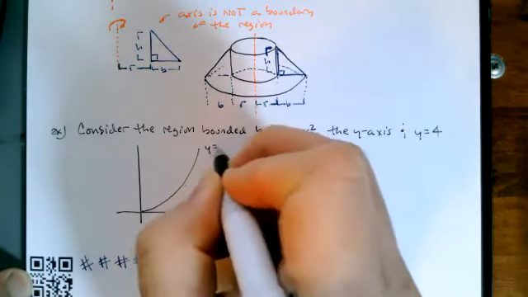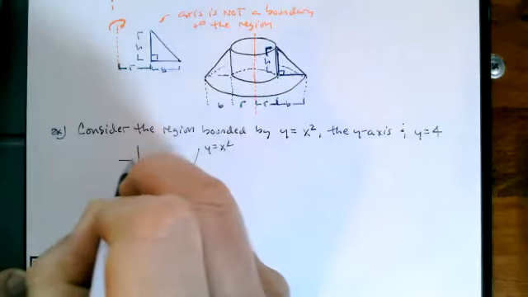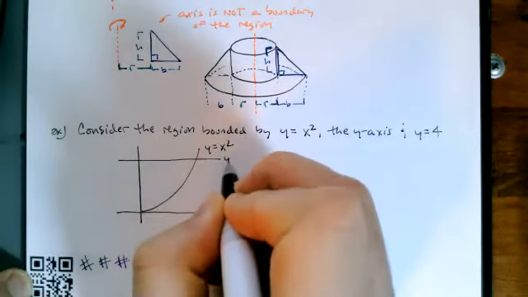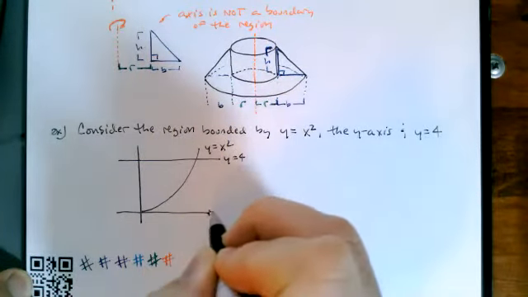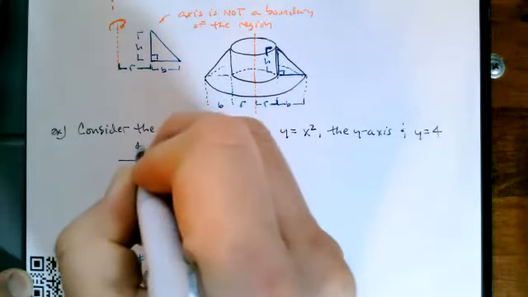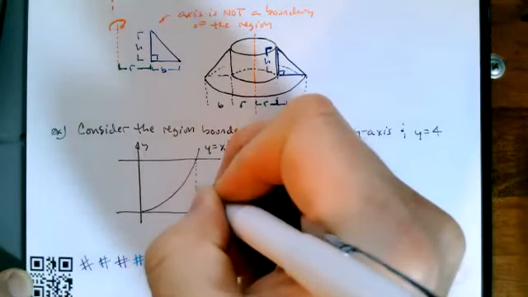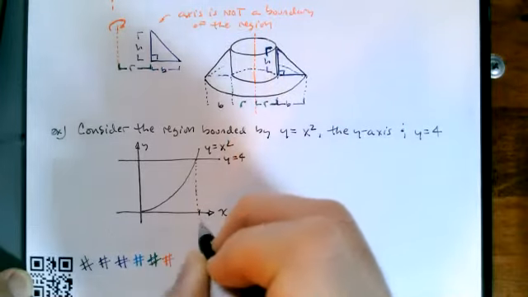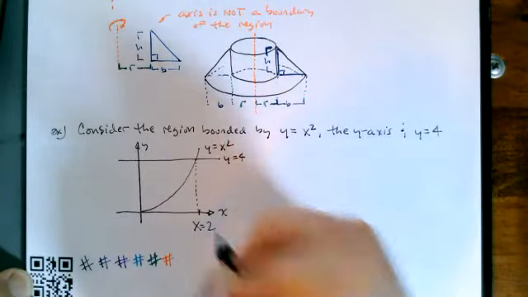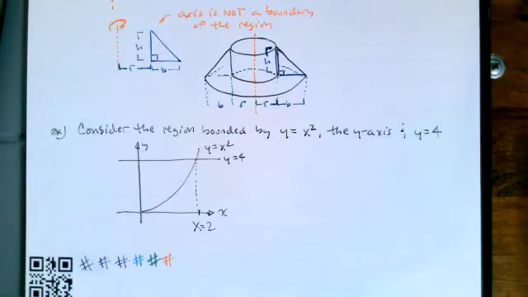So let's consider y equals x squared. Put this line up here at y equals 4. Here's our x-axis, our y-axis. This is going to happen when x is equal to 2 in case we happen to integrate that way. Let's find the volume of this solid when it's rotated about the y-axis.